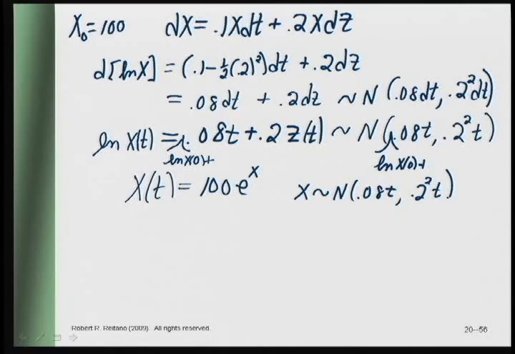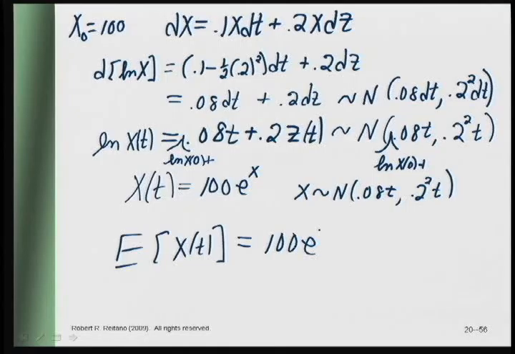And finally, I can say, okay, now I have a model for what x looks like at time t. What's the expected value of this? And that comes from the moment generating formula. And the expected value of this is 100 e to the 0.1 t. In other words, even though the average return is 8% per year, when I look at the expected value of x of t, it reflects a return of 10% per year.